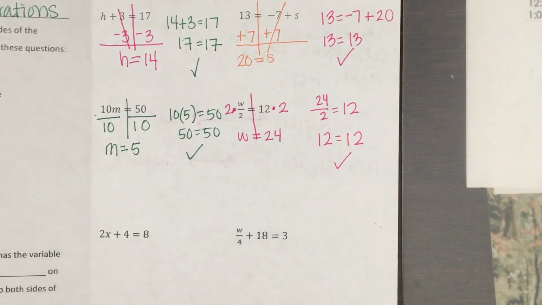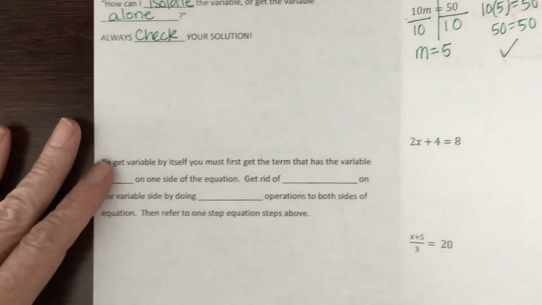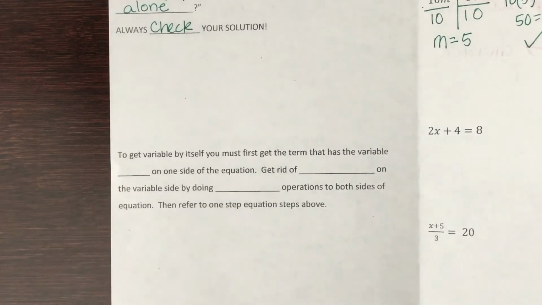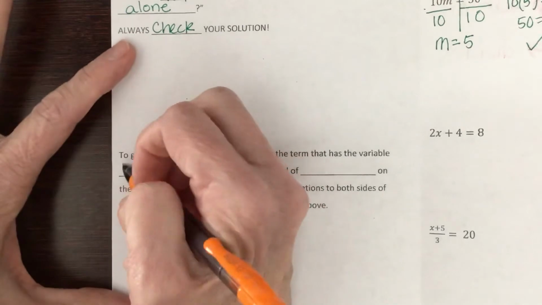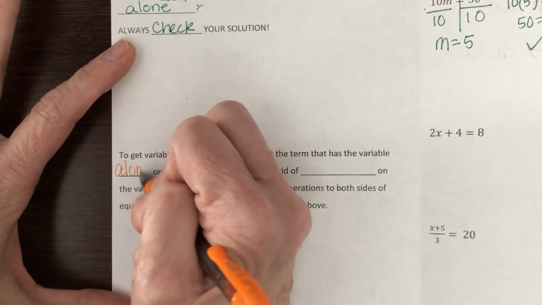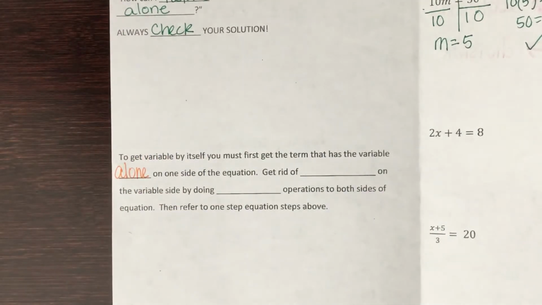All right, go back to the note side, and now we're going to do two-step equations. So really it's one step, and we're adding a step, so we're doing the two-step, okay? To get the variable by itself, you must first get the term that has the variable alone on the side of the equation.